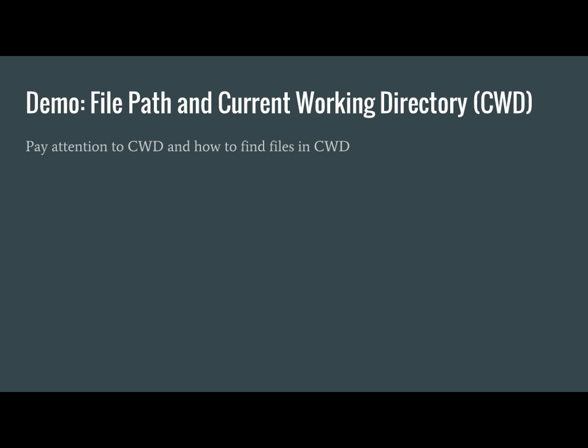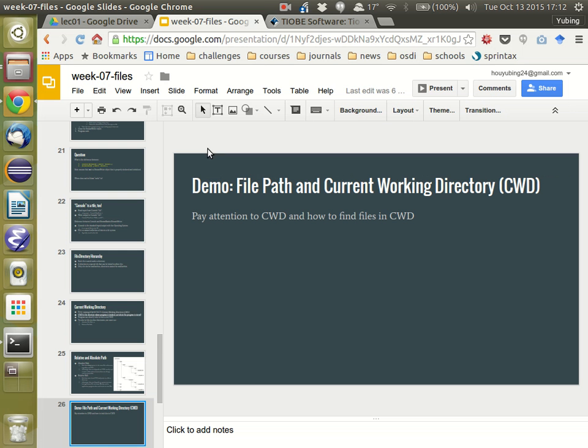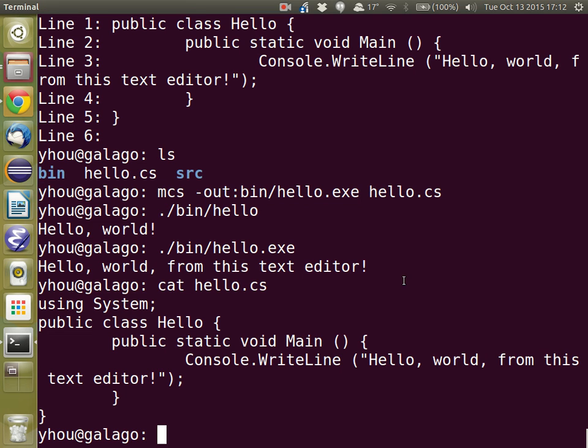So how do we find out the file path in the current working directory? We just introduced how to find the file path by using absolute and relative path. How do we find out the current working directory?